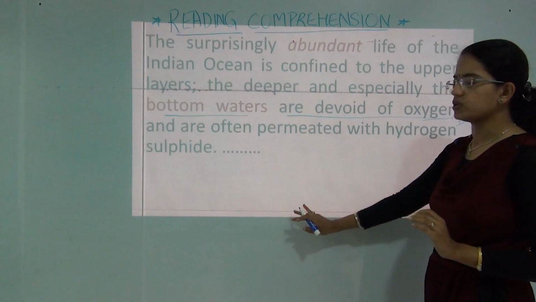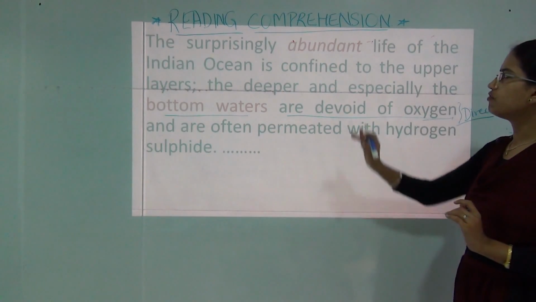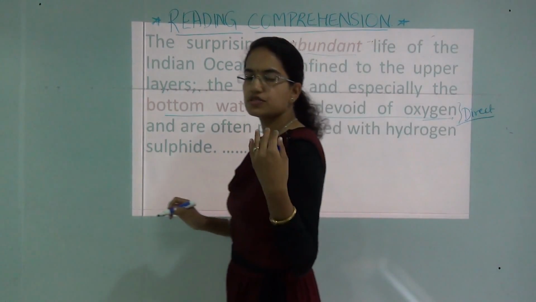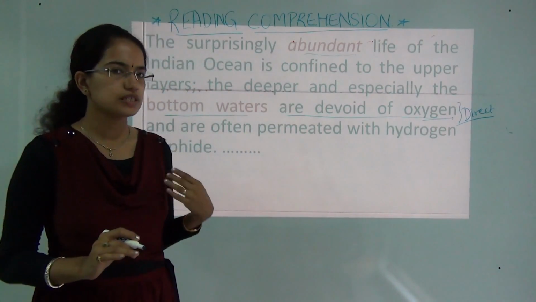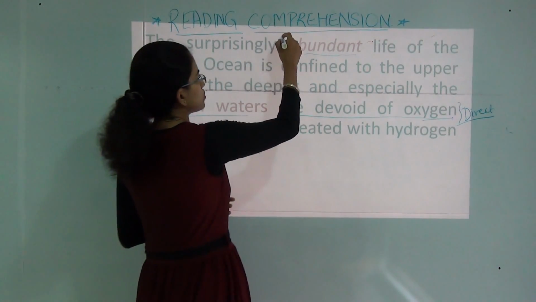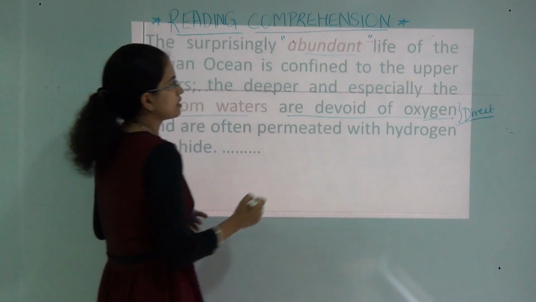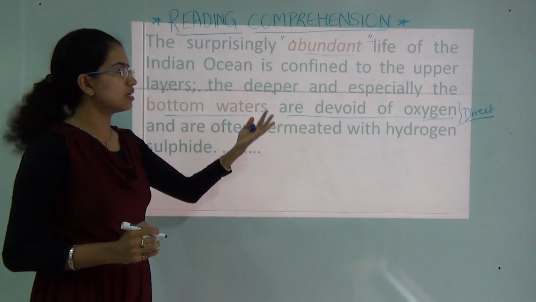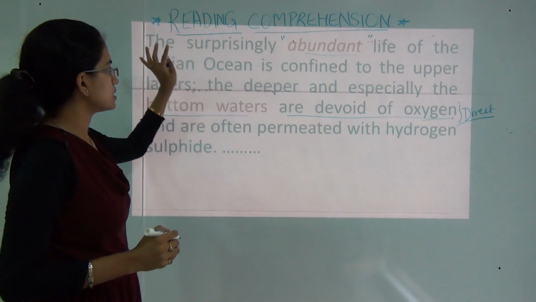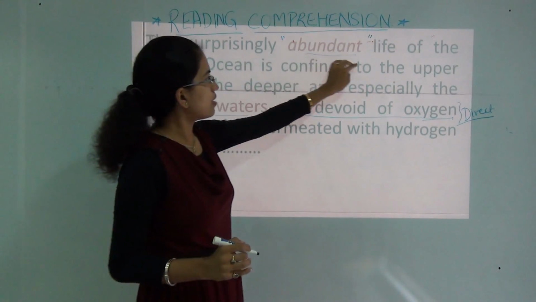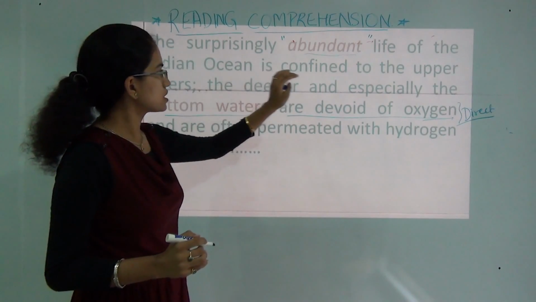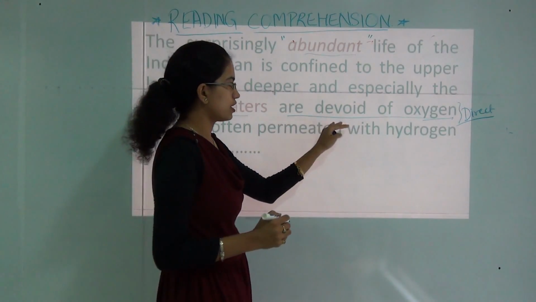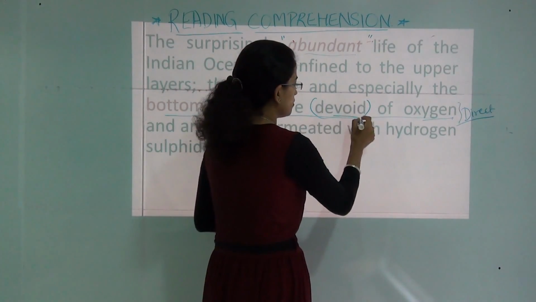The second question was, what is the antonym for the word abundant? Now synonyms are words which have the same meaning, while antonyms are words that have opposite meaning. Since we are asked to find an antonym for abundant, we have to find a word which is opposite in meaning to abundant. Now let's read this sentence. Surprisingly abundant life of the Indian Ocean is confined to the upper layers, and the deeper layers are devoid of oxygen. Devoid means there is not enough oxygen.